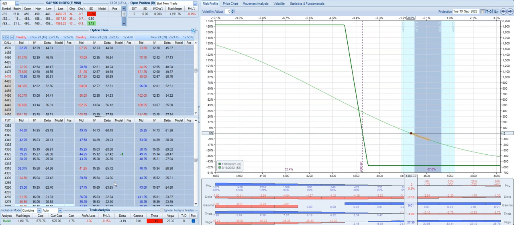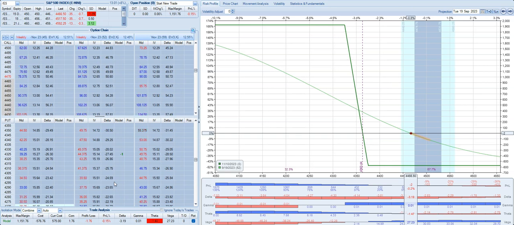But, you know, you can set up this trade in any way you want as long as it aligns with your near-term market outlook. So if you're bullish, you could take on a little bit more directional risk, which means that the trade will start off with a little more positive delta.